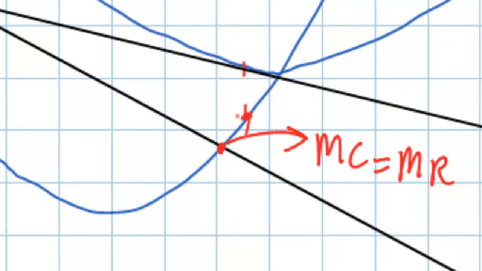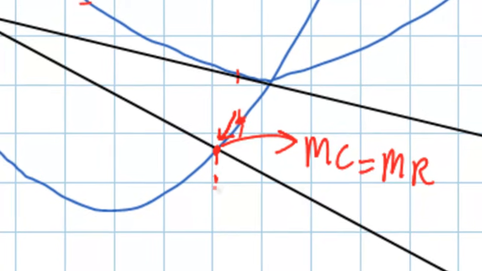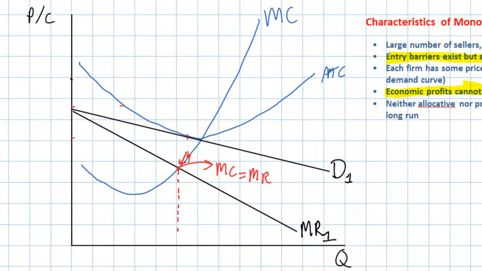We can actually see that that is now at a slightly lower quantity because we left our dot behind from the original MR curve. So the quantity that the individual restaurant will produce has decreased. We'll call this QMC1. At the new quantity, due to the lower level of demand, the price that the restaurant can sell its meals for has decreased as well.